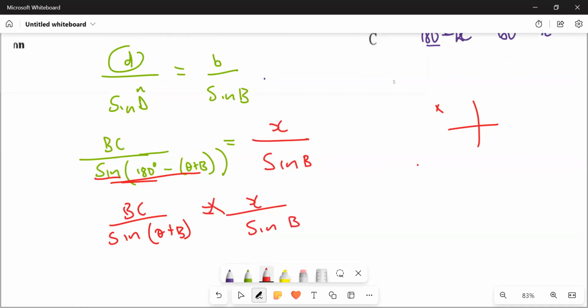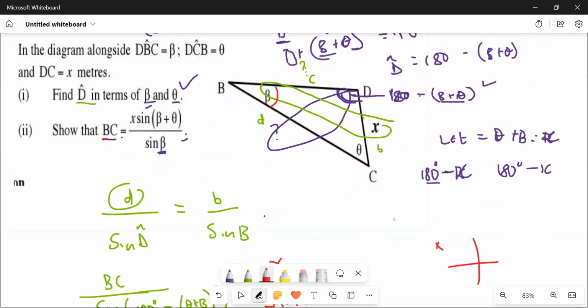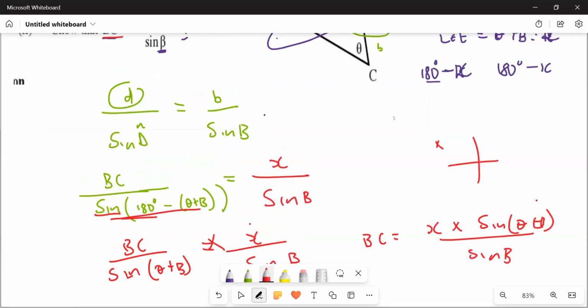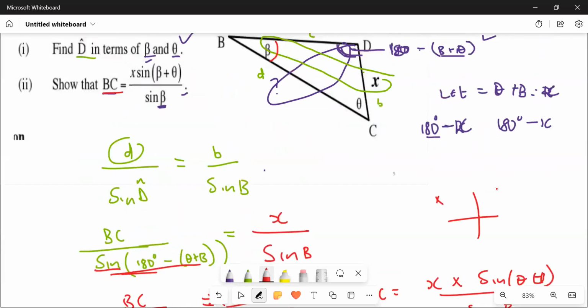We want BC, Tina. Since they wanted you to get BC, what is going to be BC? You'll tell them BC is given as this one comes here again. So you have x multiplied by the sine of theta plus beta all over the sine of beta.